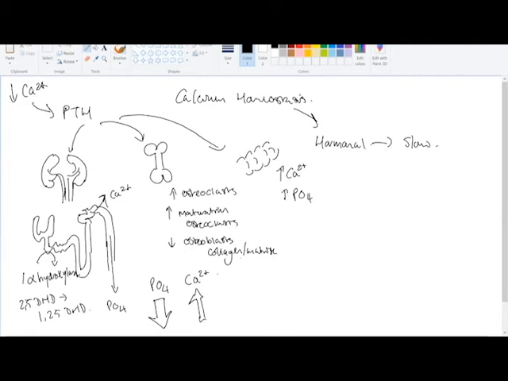The net effect of all of these, because don't forget, we've got one thing that is increasing phosphate absorption and two things that are decreasing it, is that in response to a decrease in serum calcium, parathyroid hormone will cause a net decrease in phosphate and increase in calcium in our serum and our plasma.